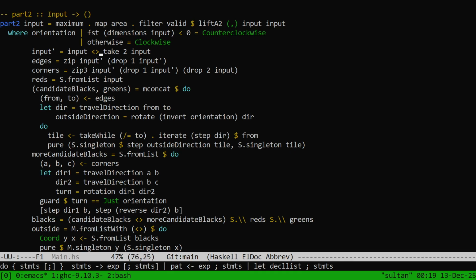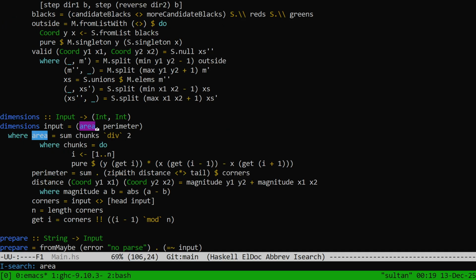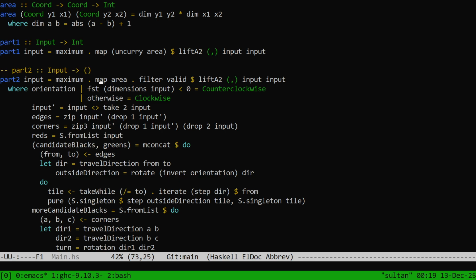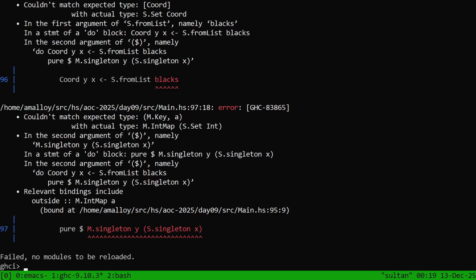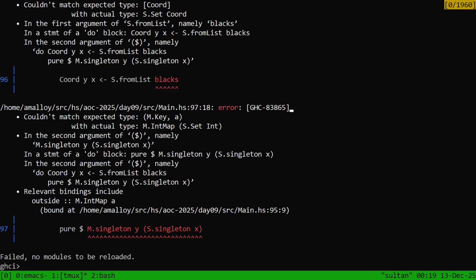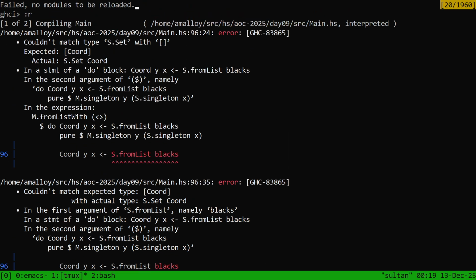Or 1 argument that's a tuple, which is what I have. Oh, maybe area is wrong. It inferred something wrong for... Yes. I have to do the same thing here. Okay, this is much better. It's inferred more reasonable things from that.